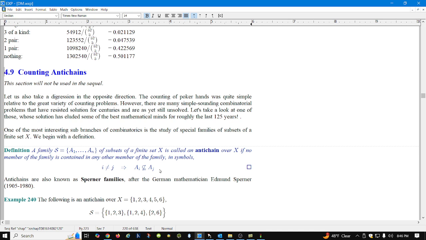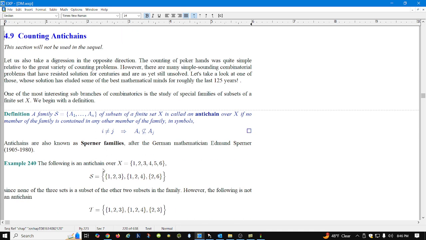Antichains are also known as Sperner families, after a German mathematician named Edmund Sperner. But I like antichain, and that's the term I'm going to use for the most part. But Sperner's name will come up, and you'll see why there's a connection there.